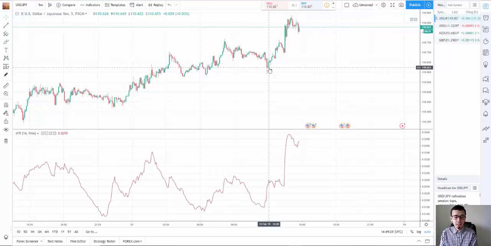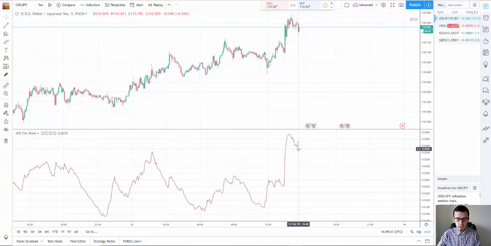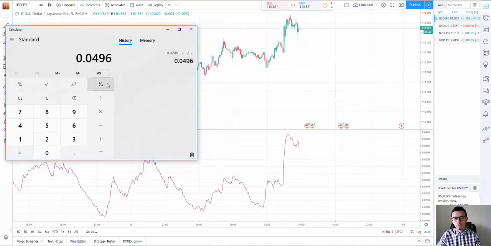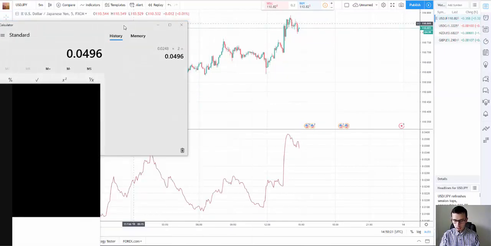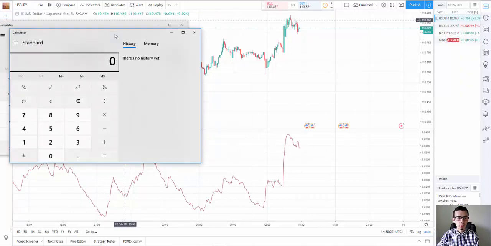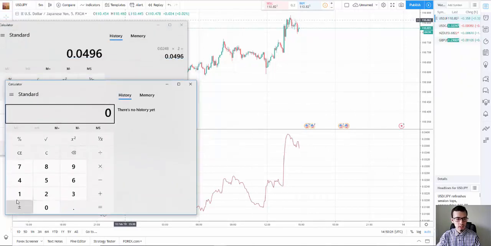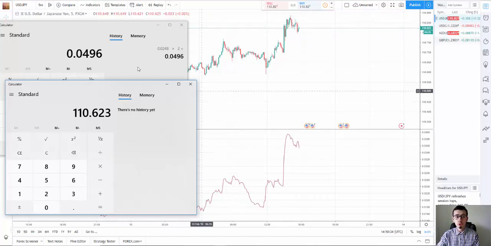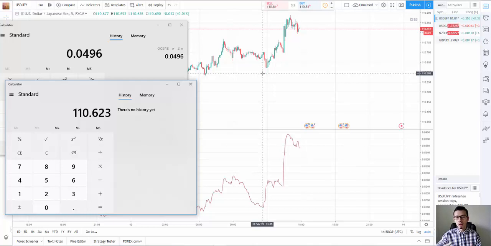So I use my ATR indicator. 0.0496. Let's take out another calculator. What was the market price at which I took the trade? It was 110.623. So the stop loss would be this minus this, because the stop loss will be the lower level, below my next support.